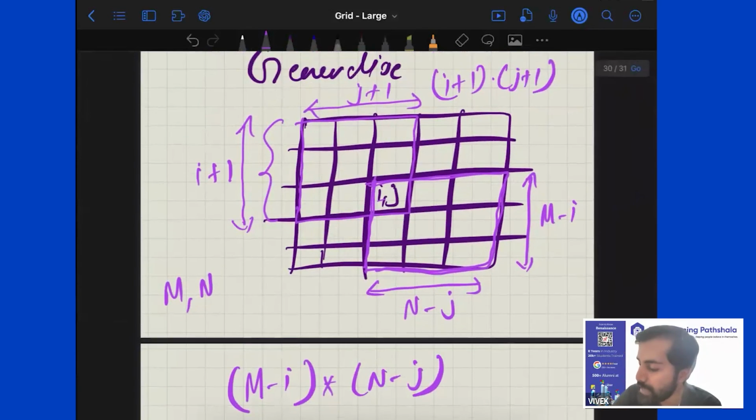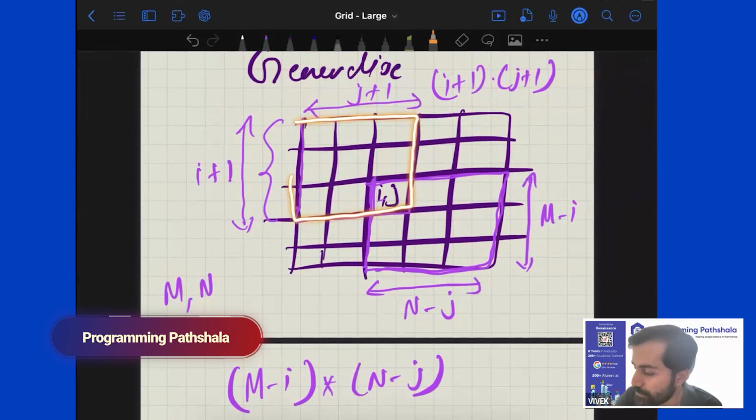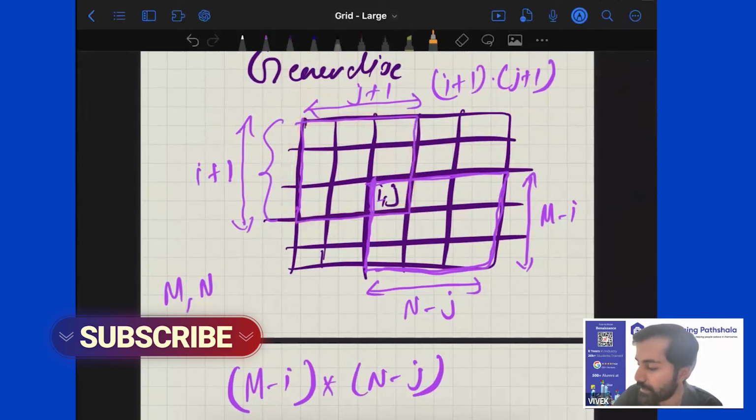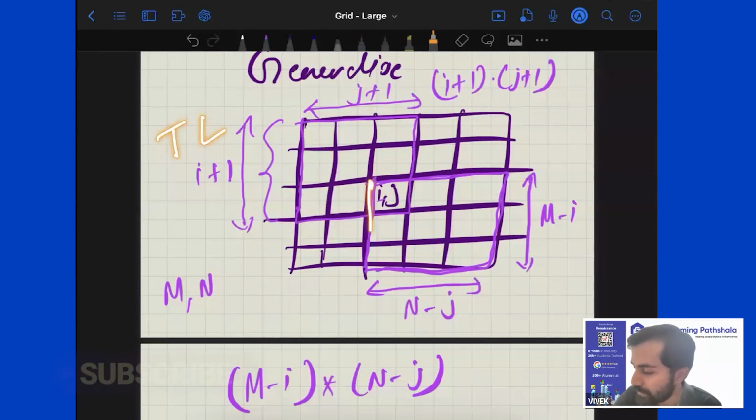See, simple enough, no? If you are interested in finding the contribution for this element, then how do you do that? You say that all those matrices whose starting point, by starting point I mean top left, is present in this part and bottom right is present in this part, will definitely pass through it. This is the assertion that you give, right?